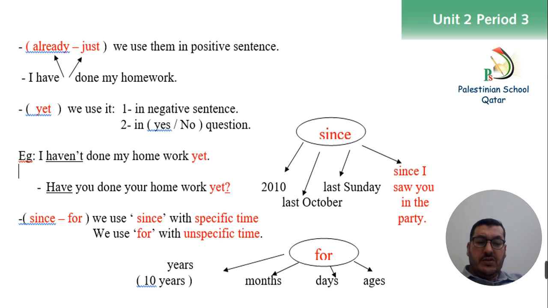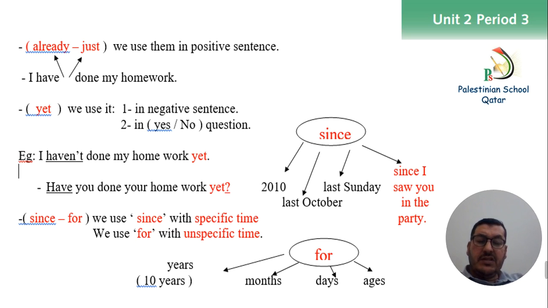While if we use for, we use it with years. For years, it means I don't know exactly which year. Or if I say 10 years, in this case I don't know which is the exact year. For months, I don't know which months.